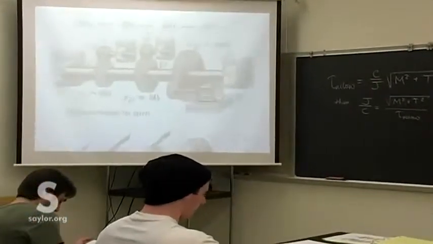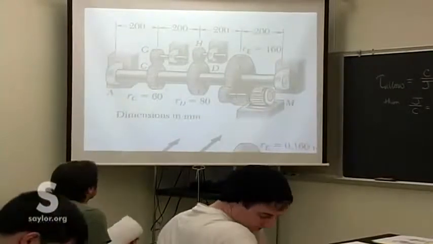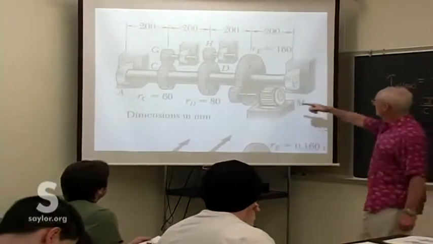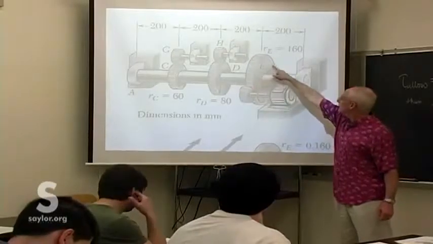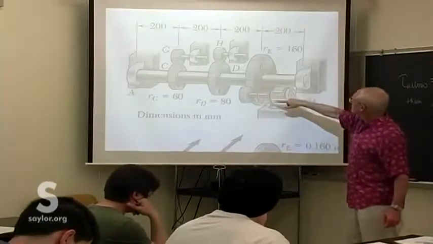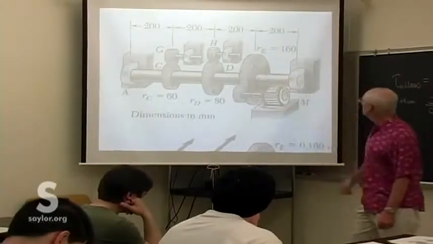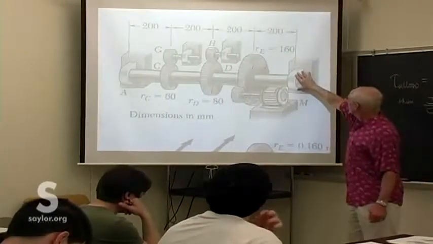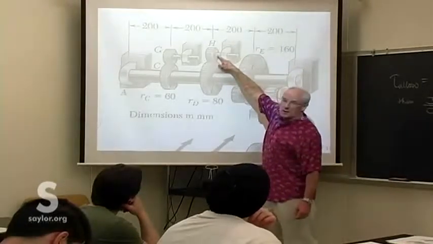Okay, what we've got here is a simplified drawing of a transmission shaft. We have a motor that's applying power to the shaft at gear E. The radius of gear E is given, the distance it is from the journal bearing that's supporting it. Then at gear D we have power takeoff.